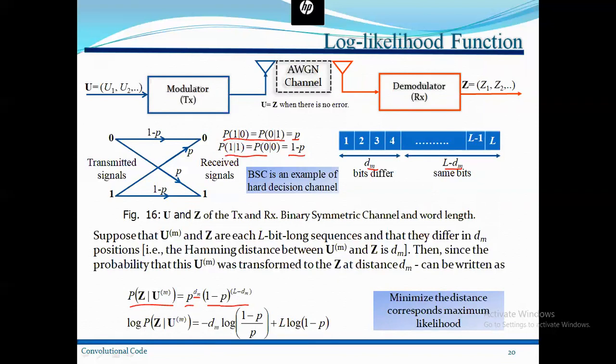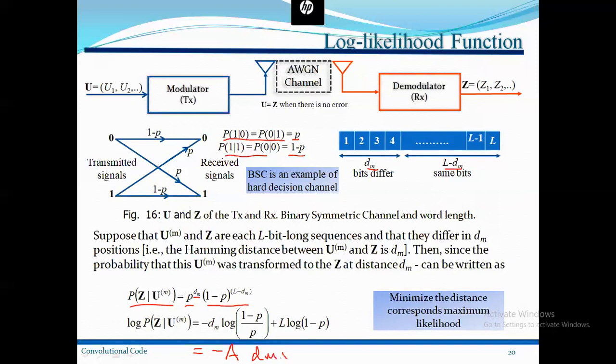If the wrong probability is less than 0.5, which is obviously the case, we can write this as minus a times dm plus b.